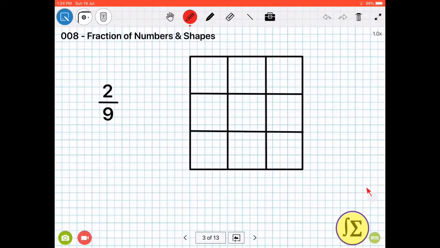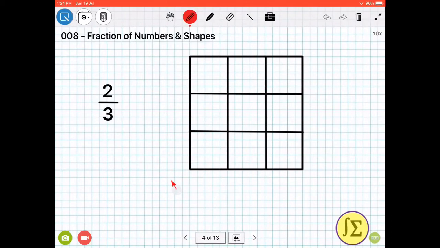You can see that the figure has already been divided to 9 equal parts. So to represent 2/9, all we have to do is just hatch 2 of the 9 parts. Alright, so the hatched area represents the fraction 2/9.